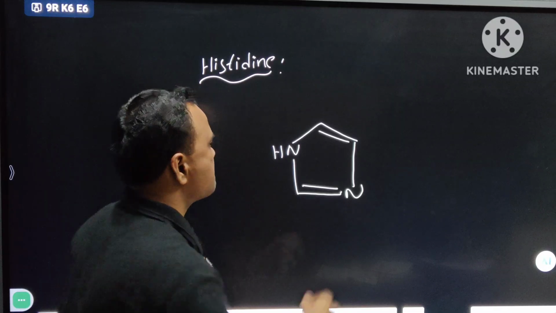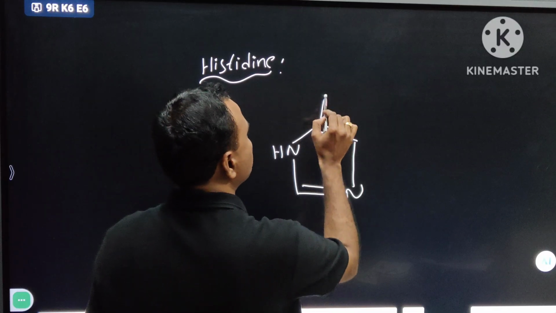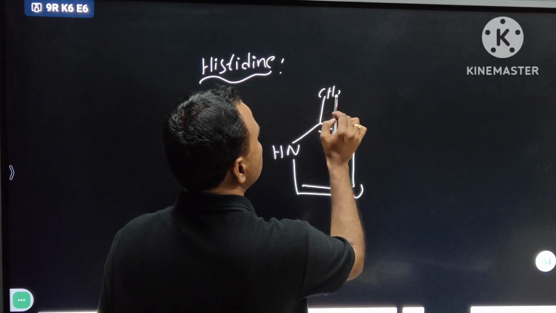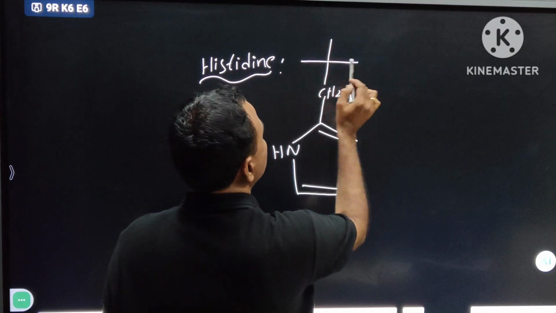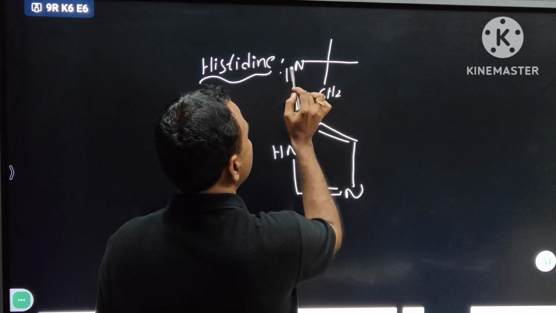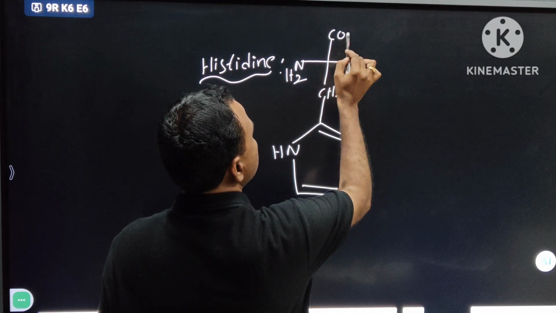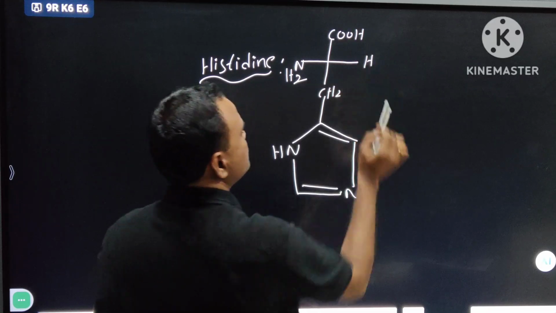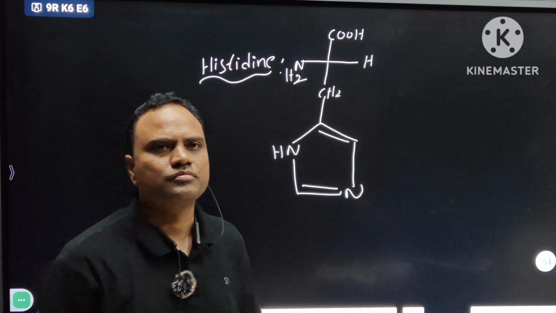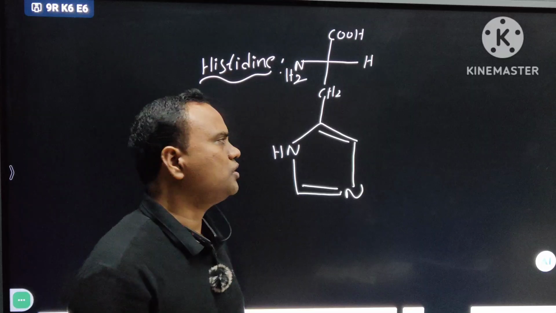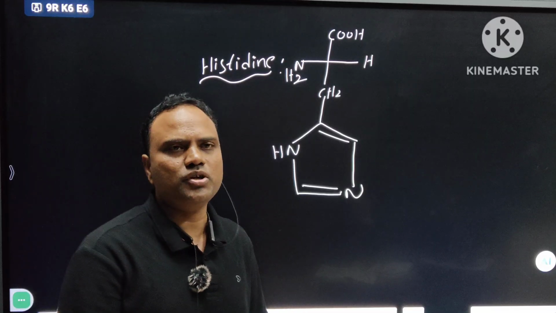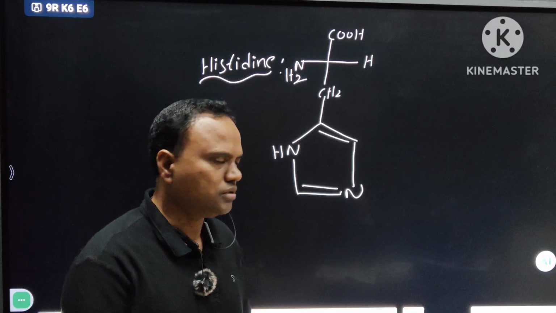Histidine. CH2. This side NH2. Here COOH. Here H. Okay. What is the importance of this amino acid, histidine?